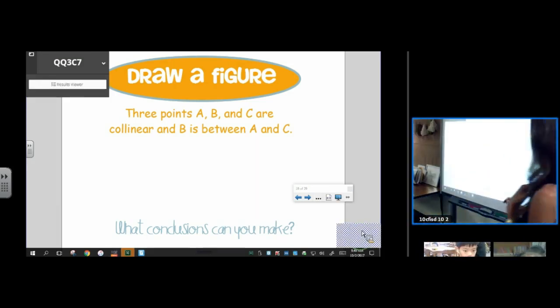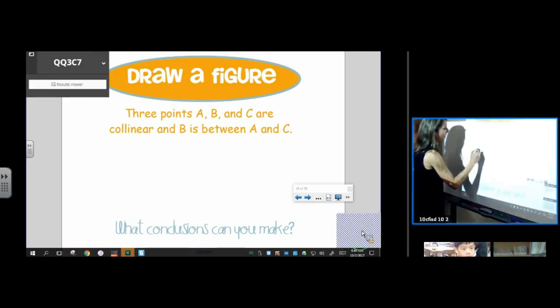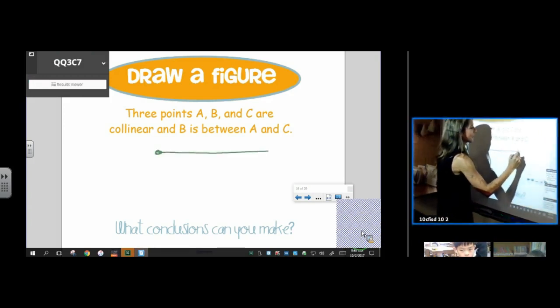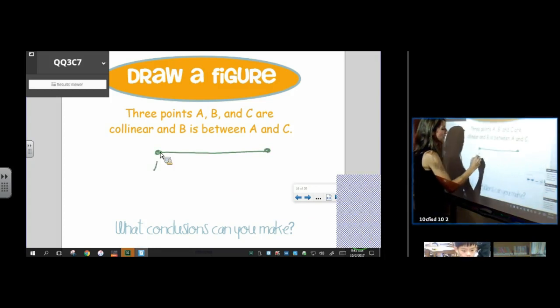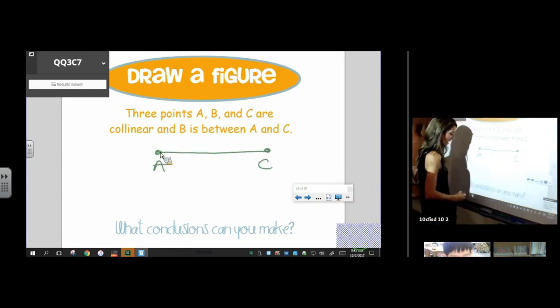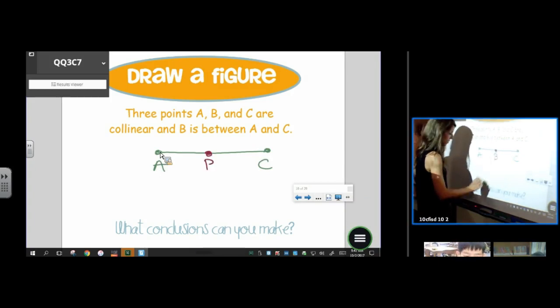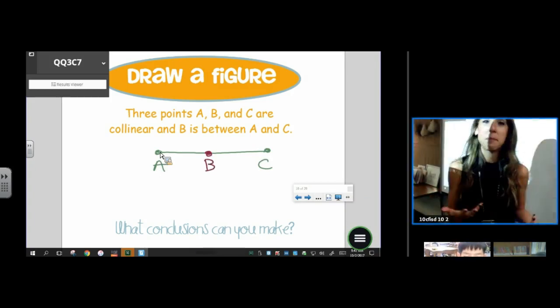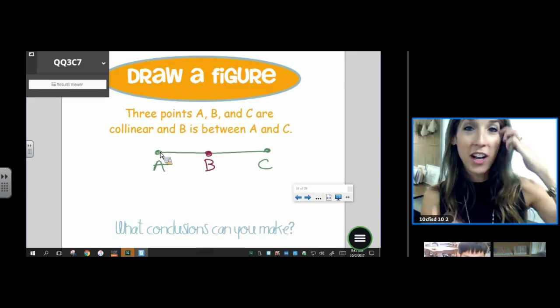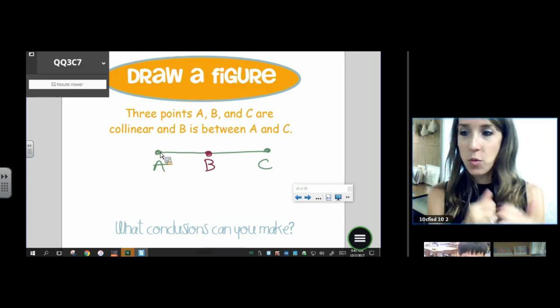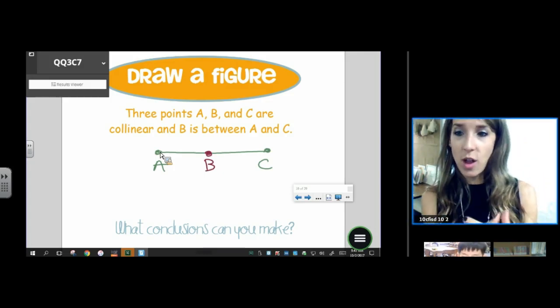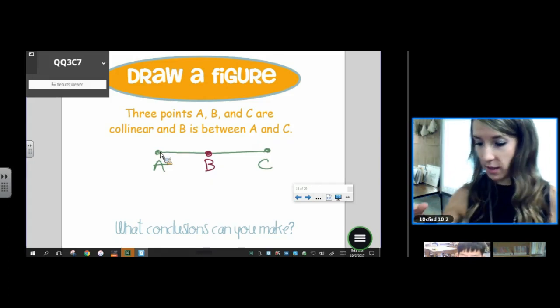All right, so when we submitted our drawings, hopefully we got some segments. Hopefully you made sure that A and C were collinear. And then what I see students do a lot of times is put B right in the middle. I want to make sure I clear this up right now. Between and middle are two totally different words, okay?